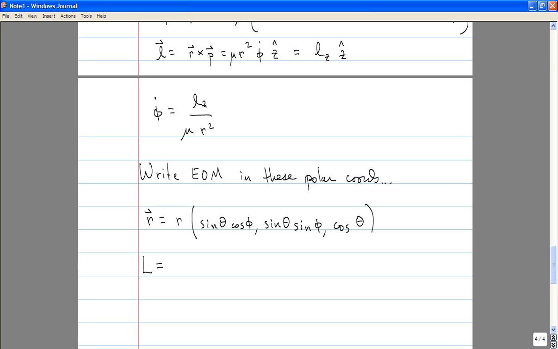So you might remember from that problem that when you write the kinetic term 1/2 mu r dot squared in polar coordinates, you'll get 1/2 mu times the sum of 3 terms, one of which involves the derivative of r squared, the length of the vector r squared, another term involving theta dot squared, and another term involving sine squared theta times phi dot squared.